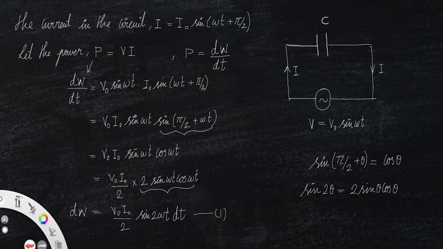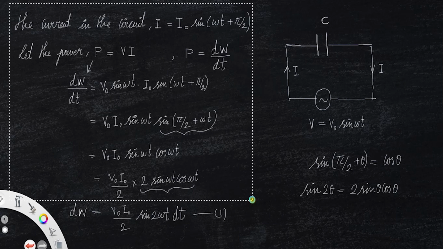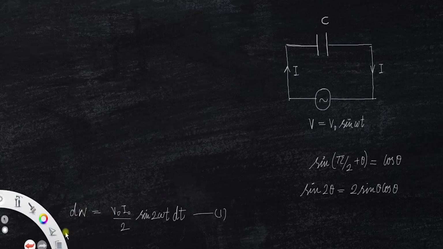Now to get the total work, let's represent that as W. We need to integrate it from, see, the variable in here is t.